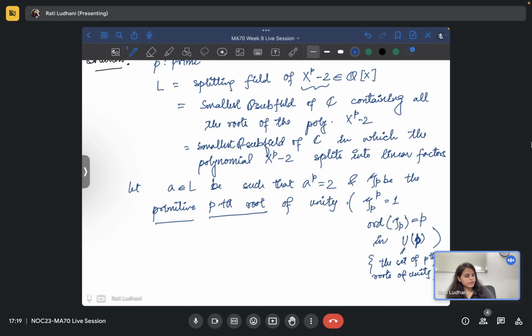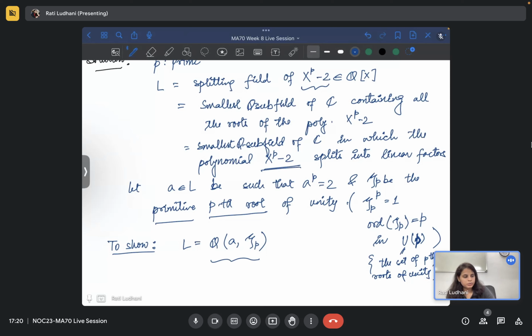Now what do we have? To show L is equal to Q(A, zeta P), that means this is the splitting field of x raised to power P minus 2. So let's try to prove that.